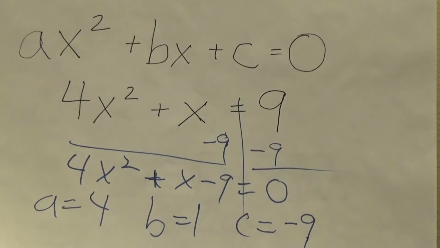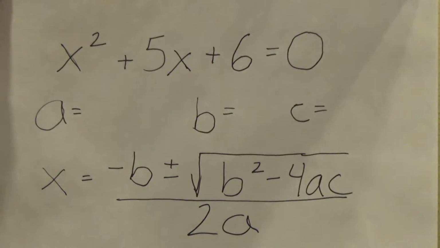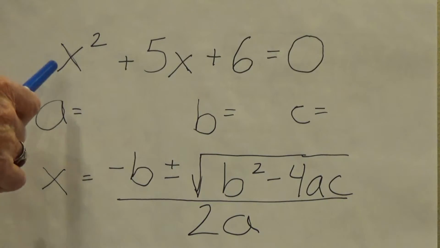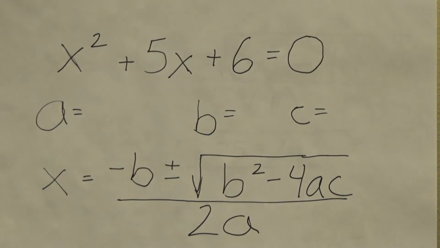Okay, let's look at another example here, the next part. Now we're going to use the quadratic formula. Okay, and I have the quadratic formula written here for you. First of all, the equation is in standard form. It's ax squared plus bx plus c equals 0.